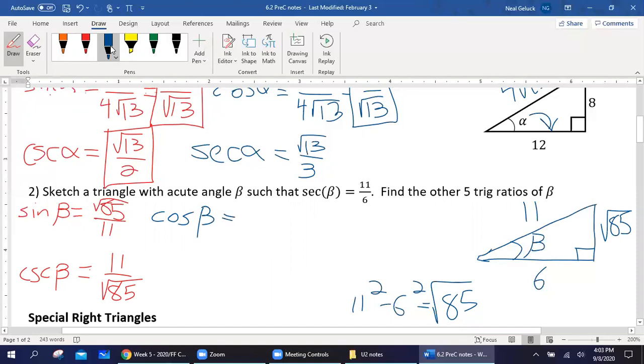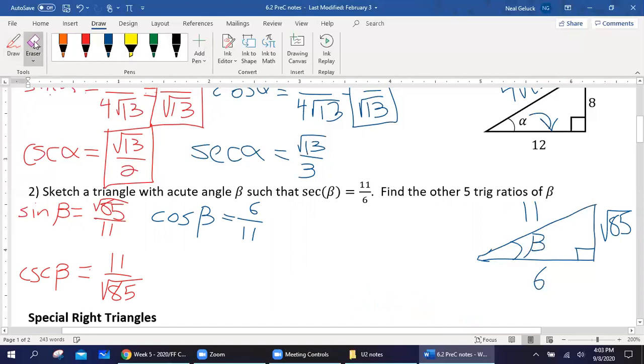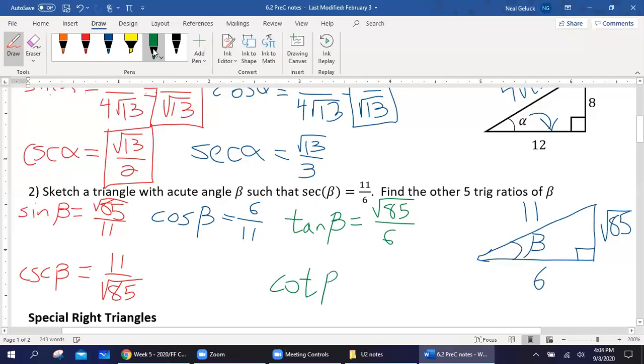So I'd flip the secant and get 6 over 11. For the tangent from beta, it's opposite, which is root 85, over adjacent, which is 6, which means the cotangent would be 6 over root 85.